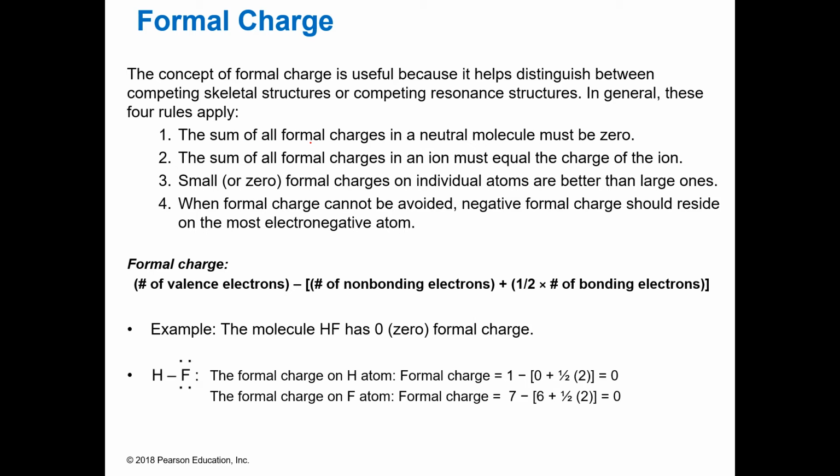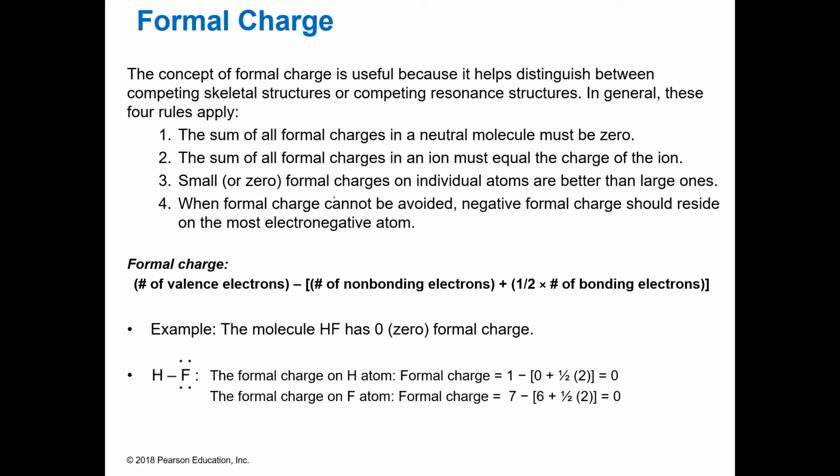The sum of all formal charges in a neutral atom must be 0. The sum of all formal charges in an ion must be equal to the charge of the ion. Small or 0 formal charges on individual atoms are the best. When formal charge cannot be avoided, negative formal charge should be on the most electronegative atom.